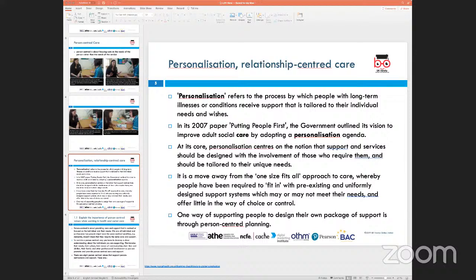Now, there is a handout which I will provide. Let me pull that handout, putting people first. This handout is going to be useful to a certain extent for you, because it will give you some background reading on the reason why personalization and the person-centered approach came in.